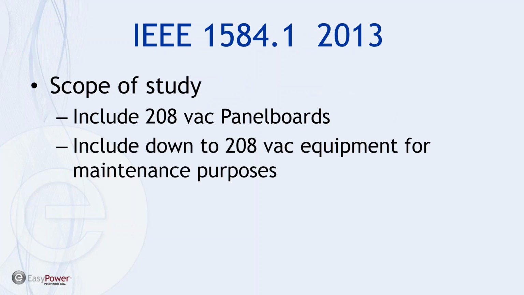Now, in the application note that was released in 2013, labeled IEEE 1584.1, they include that the scope of study should be broad enough to include 208 volt panel boards, all systems down to 208 volts AC equipment for maintenance purposes. So that's old news, I admit.